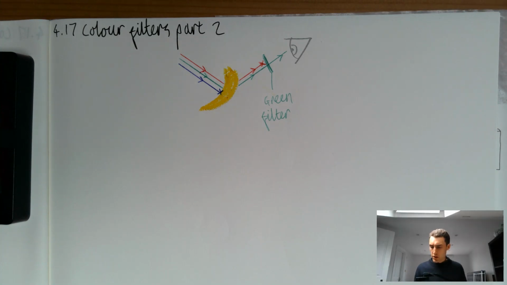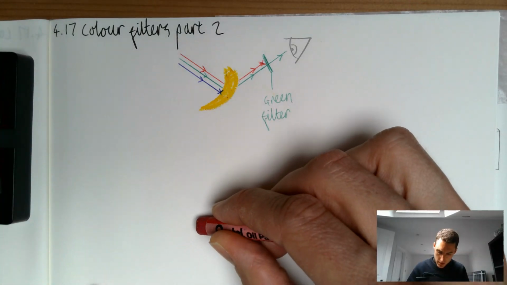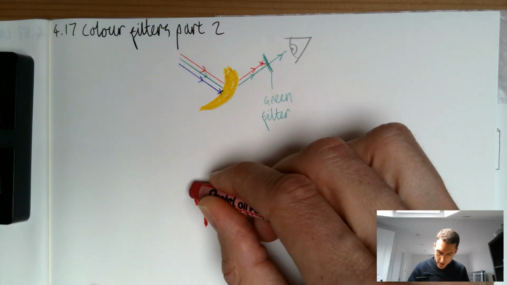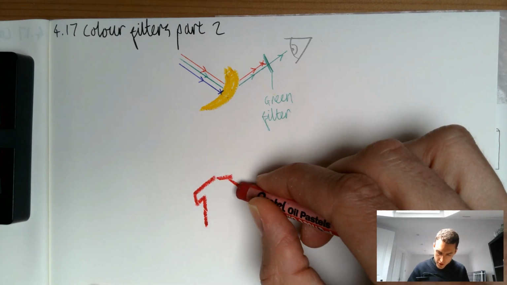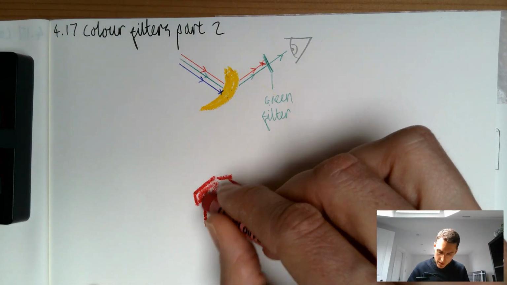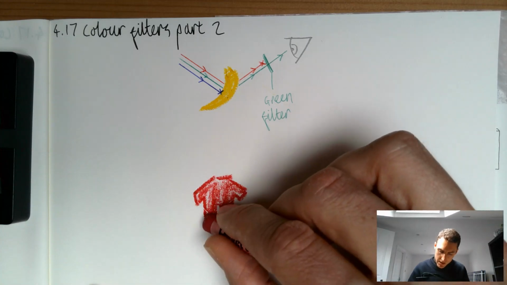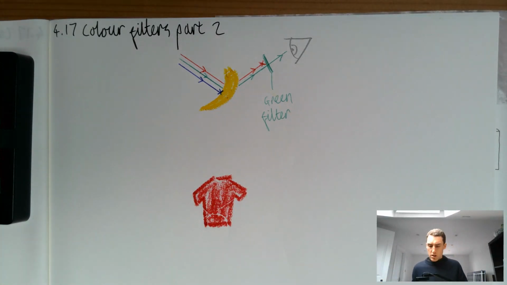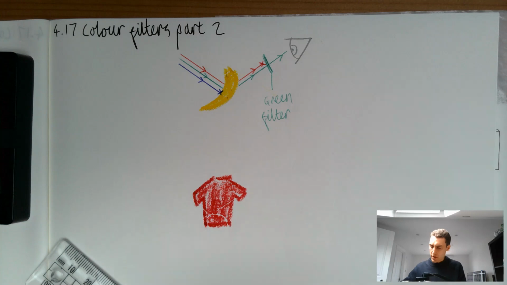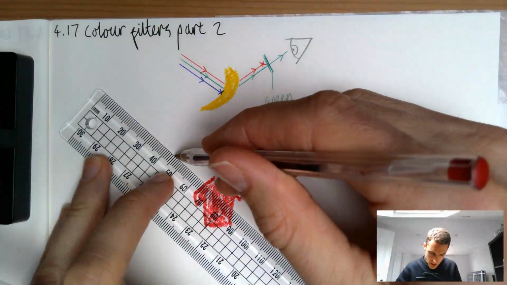Now another example you could look at, let's imagine I've bought myself a nice magenta shirt. This is not a perfect magenta actually. Magenta is a kind of pinky purple, but anyway, this'll do for now. So what I can do is show students again the three colours of light that are entering. So you end up doing a lot of pen switching in these lessons.